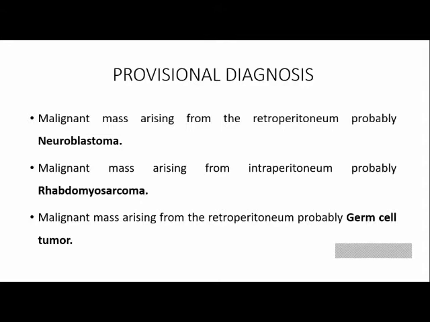See, a rapidly growing mass appearing in a 1 year 10 month old child is suggestive of a malignant neoplasm. Of that, why do you say it is neuroblastoma? Since it is the most common tumor in this age group, and since there is a huge mass occupying three-quarters of the abdomen, I took it as the first differential diagnosis.